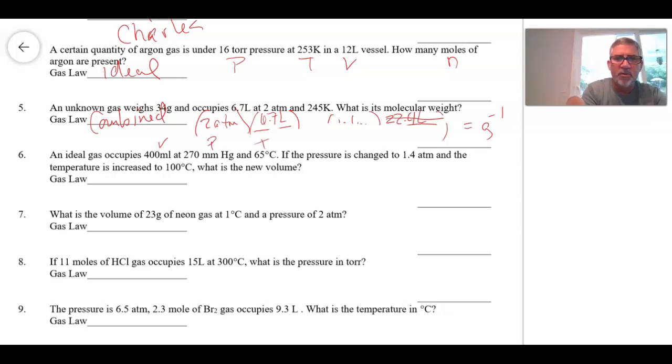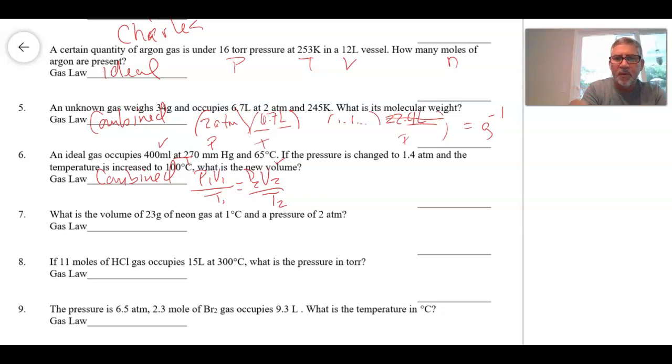It is changed to a new pressure and temperature, and it's asking me for volume. So I have all 3 variables, so it's got to be combined. I have P, V, and T. So my formula is P1 V1 / T1 is equal to P2 V2 / T2.